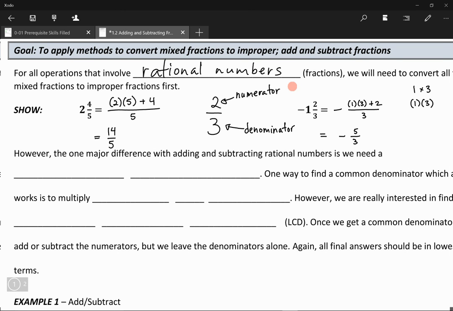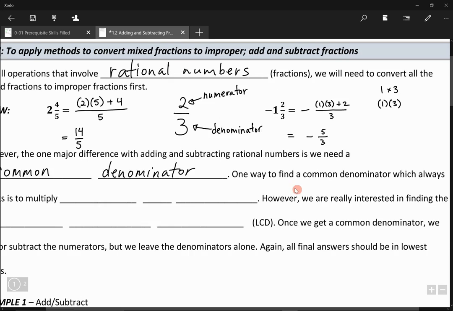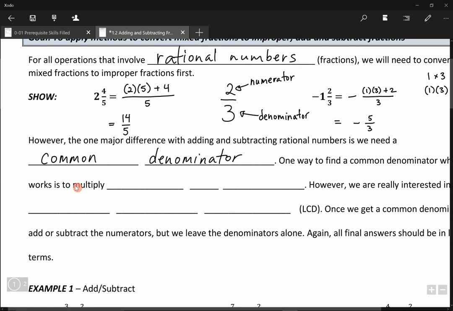However, one major difference with adding and subtracting rational numbers is that we need a common denominator. One way to find a common denominator, which always works, is to multiply all denominators.